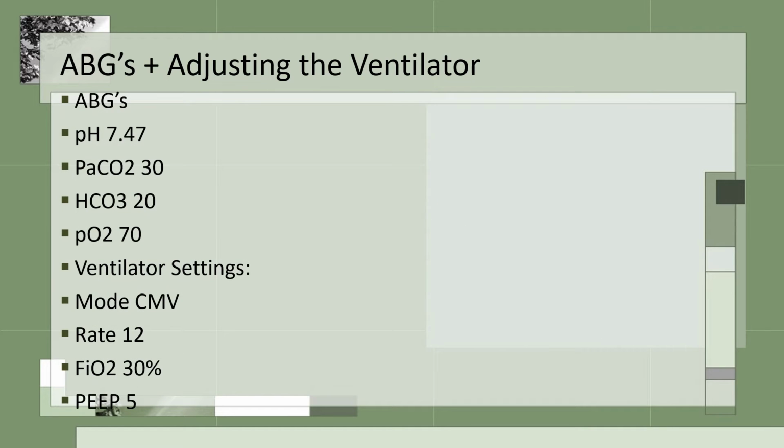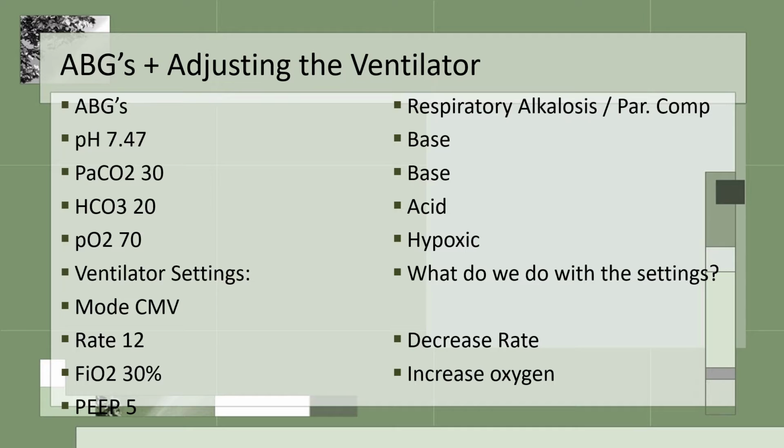On this slide, I need you to interpret the ABGs and think about what ventilator settings would need to be changed for this patient. So this patient has respiratory alkalosis. It is partially compensated because the PCO2 is a base and the bicarb is an acid, but it's only partially compensated because that pH is not within normal limits. And it is alkalosis because that matches the respiratory part of the acid-base imbalance.